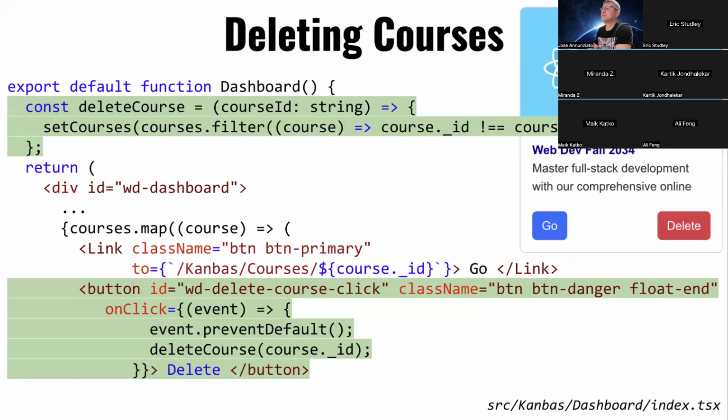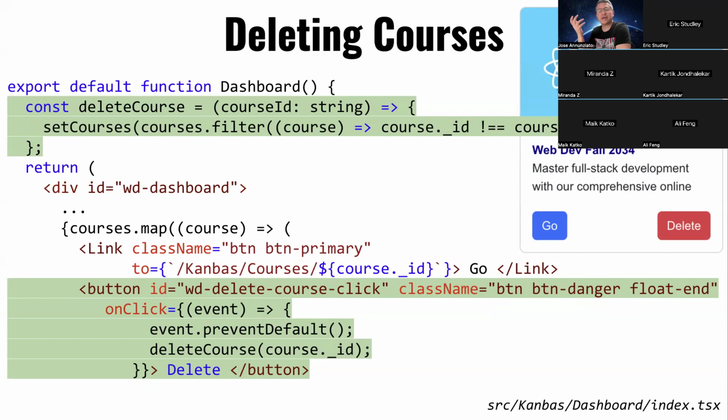How about now being able to remove a course that I've just added, or even a course that already was there? The idea would be to add a delete button, so each course card would have its own little delete button. When you click on the delete button, it should be removed from the array and you would not see it anymore in the user interface.